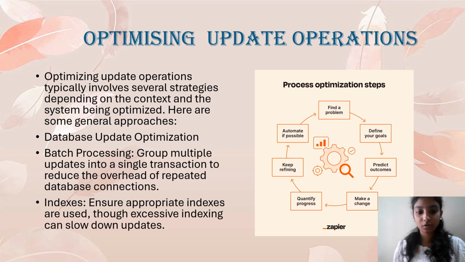Indexes: ensure appropriate indexes are used, though excessive indexing can slow down the updates. Process optimization steps involve: find a problem, define your goals, predict outcomes, make a change, quantify progress, keep refining and automate if possible.